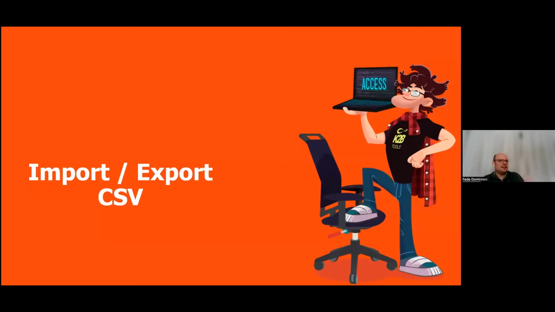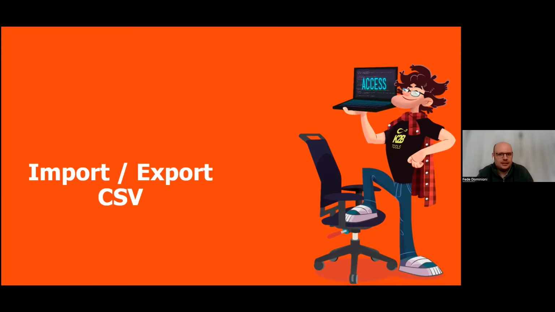Another thing that we have also added is the import and export of CSV. A very common scenario for this is that you have an application where you're testing it, for example. You're testing it before sending it into production, or you're just entering data. And now you want to enter some data in production.